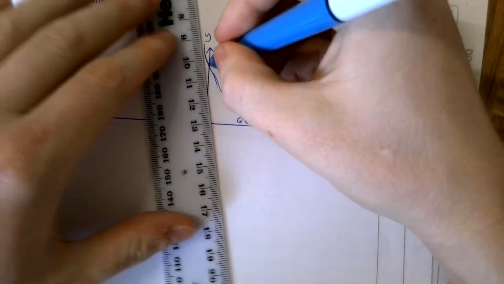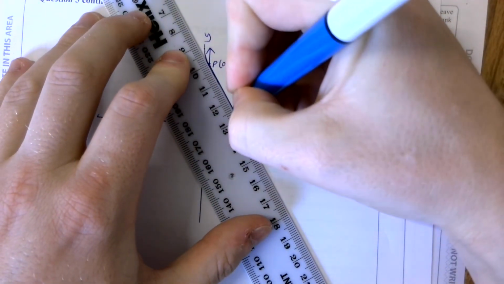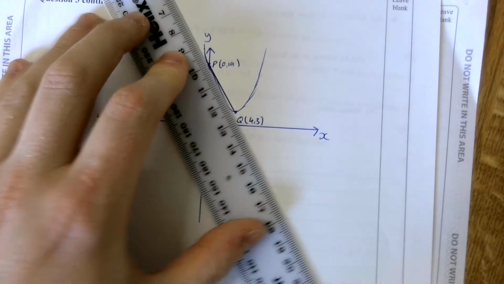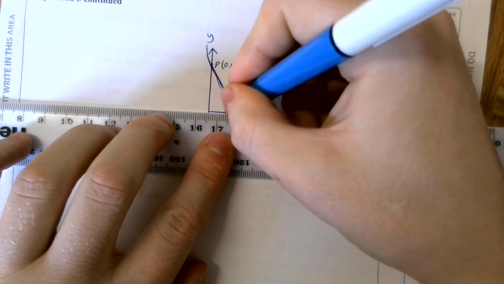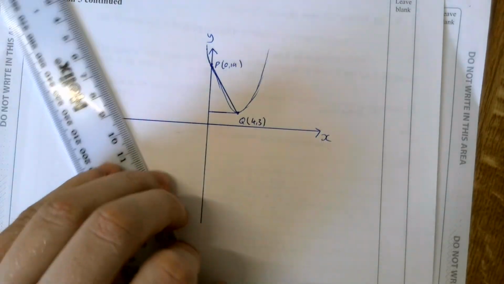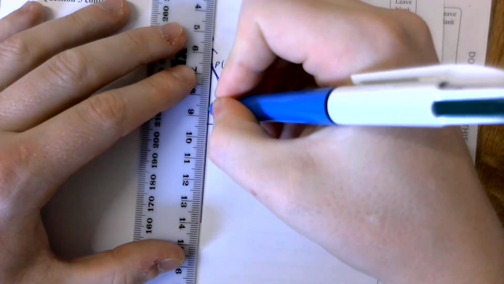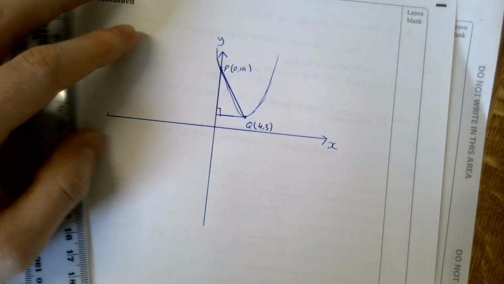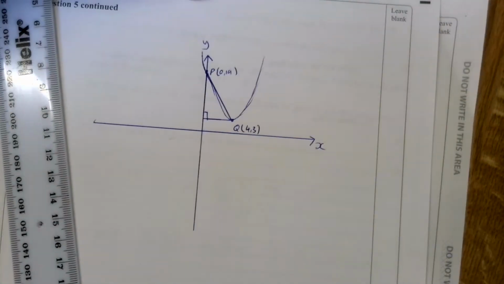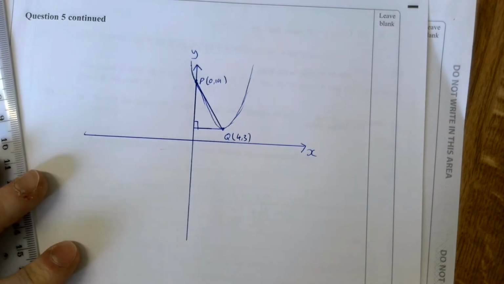I'm going to draw in PQ. This is my triangle here, with that right angle here.